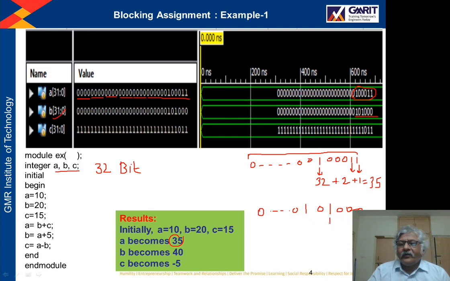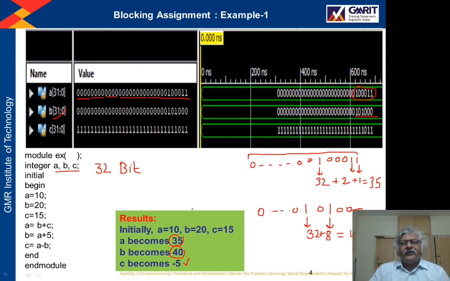Here the weight for this one is 8 and the weight for this one is 32. So 32 plus 8. So this binary value 1 0 1 0 0 0 represents 40, which is the value of B. And then for C it is minus 5.